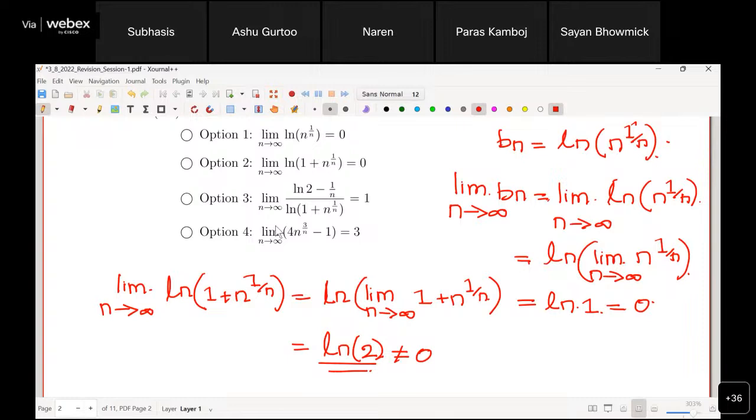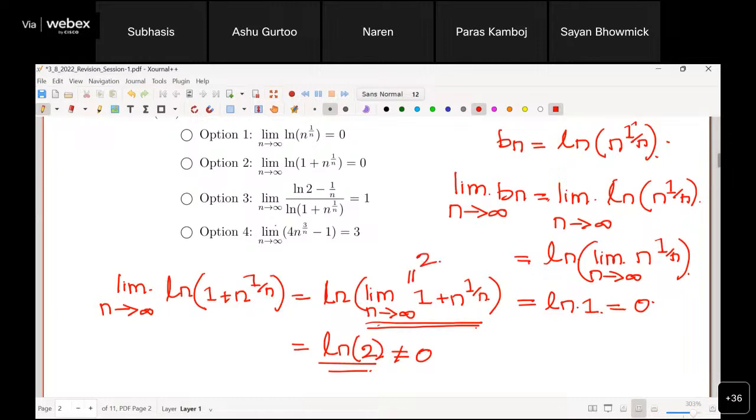Can you see from where we are getting 2? I can tell you why we are getting 2, but can you tell me what actually we are doing so that we are getting 2? Limit n to infinity 1 plus n raised to the power 1 by n. I'm claiming that this is 2.